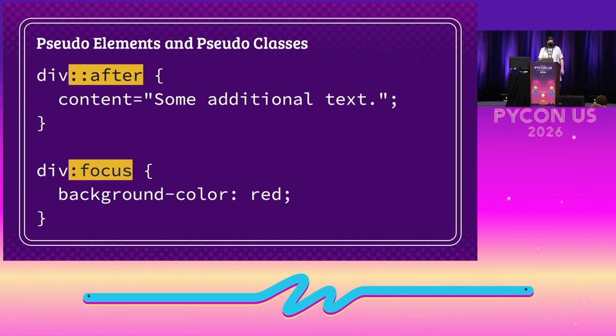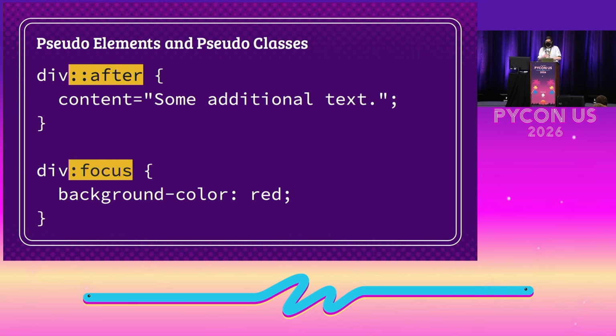All right, pseudo elements, pseudo classes. Pseudo elements are always prepended with 2 colons like this. Pseudo elements are a programmatic way to select things that are attached to browser features, like the new fragment API.